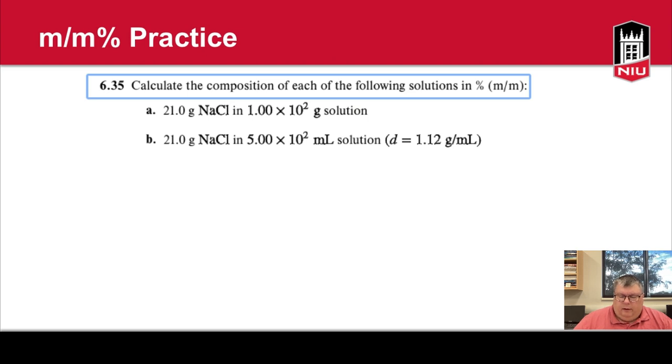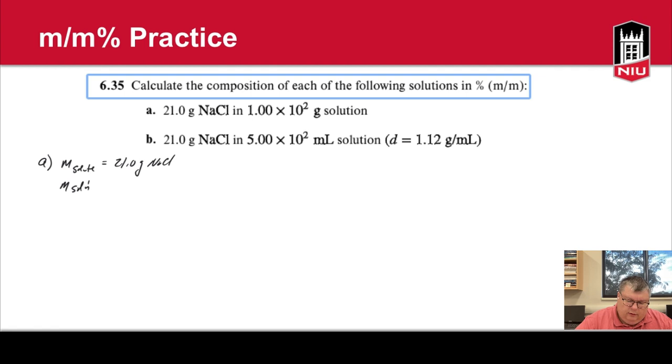Let's do another practice problem. Calculate the composition of each of the following solutions in mass to mass percentages. 21 grams of sodium chloride in 100 grams of solution. So for part A, mass of the solute is equal to 21.0 grams NaCl.